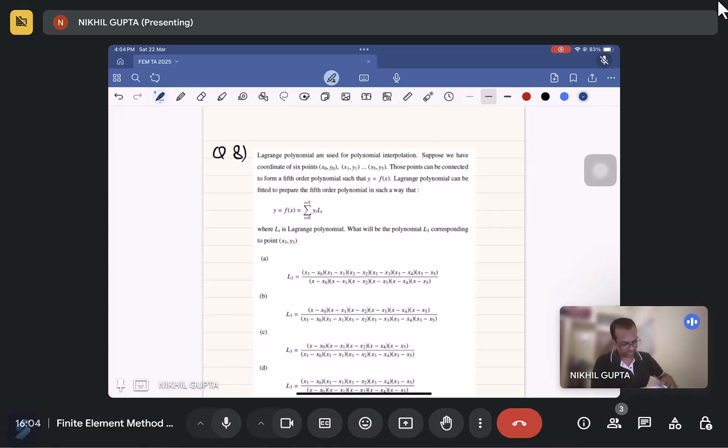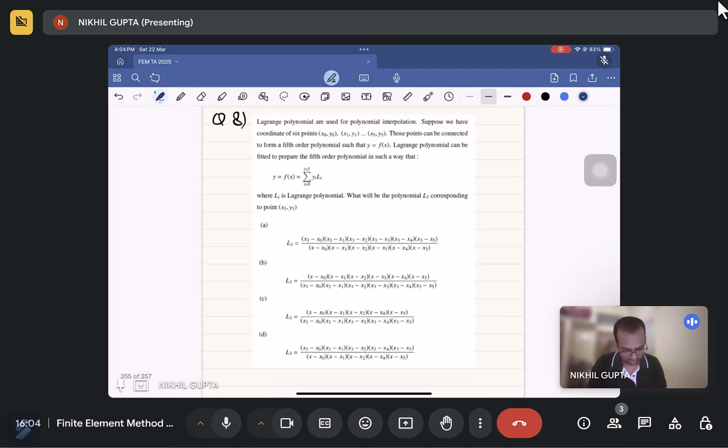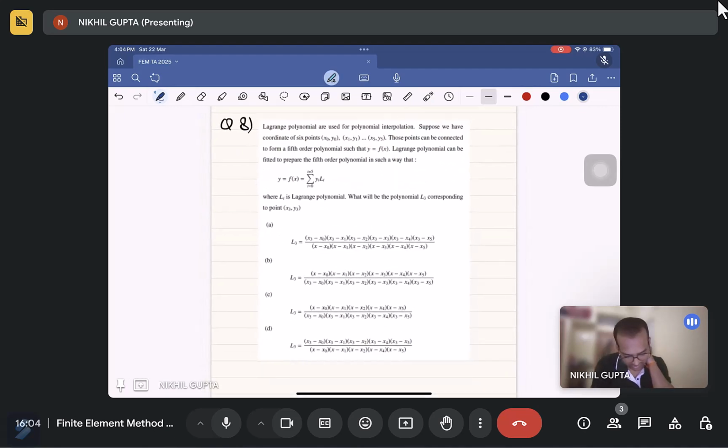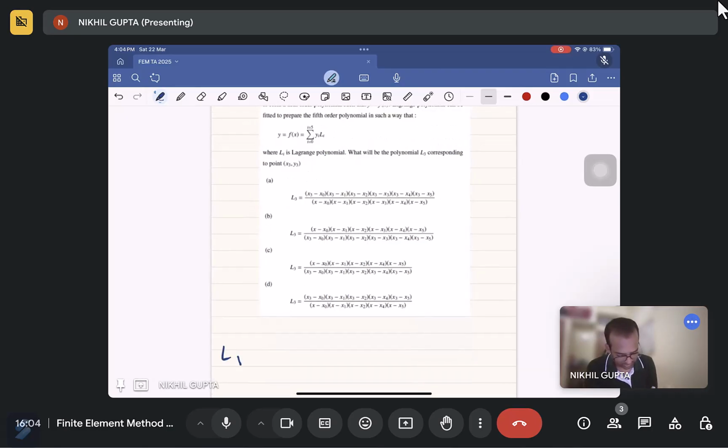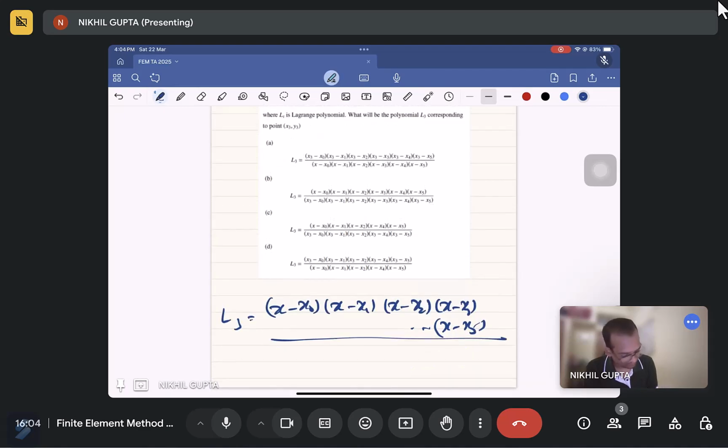Question 8 is directly asking to write the Lagrangian polynomial for 5. I have already discussed this in class: it is x minus x0, x minus x1, x minus x2, x minus x3 till x minus x5, divided by x3 minus x0, x3 minus x1 till x3 minus x5.